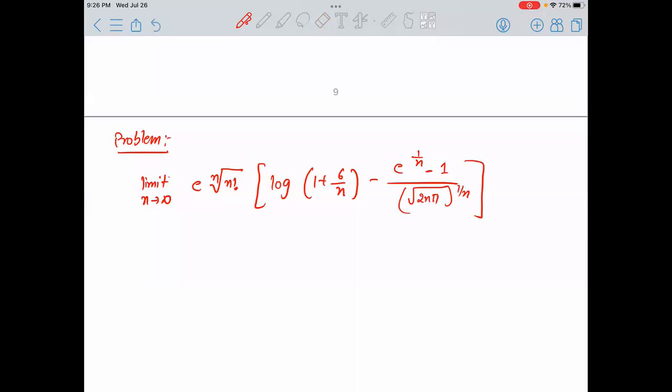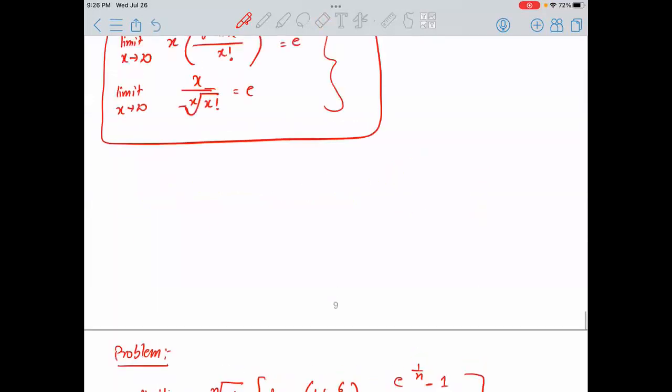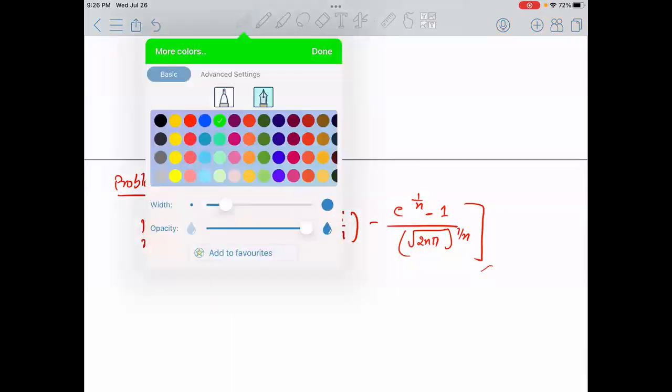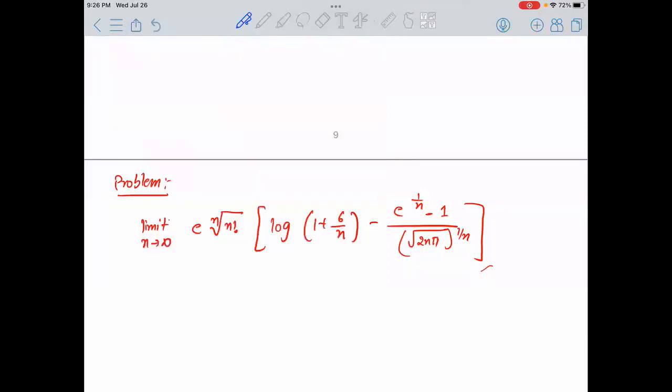Yes, sir. Now try to solve this using these two and previously learned standard forms. I'll give you 5 minutes. I will give you a hint: break them.